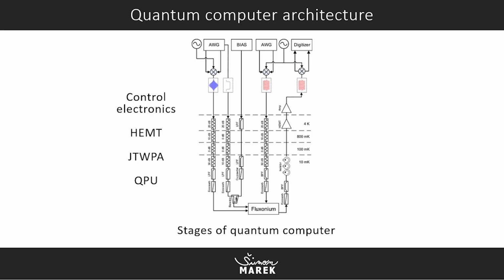But sometimes it might be at a little higher levels, something in between 10 millikelvin and 100 millikelvins. So even 100 millikelvin can be fine for traveling wave parametric amplifiers. It quite depends. So this is quantum computer architecture.